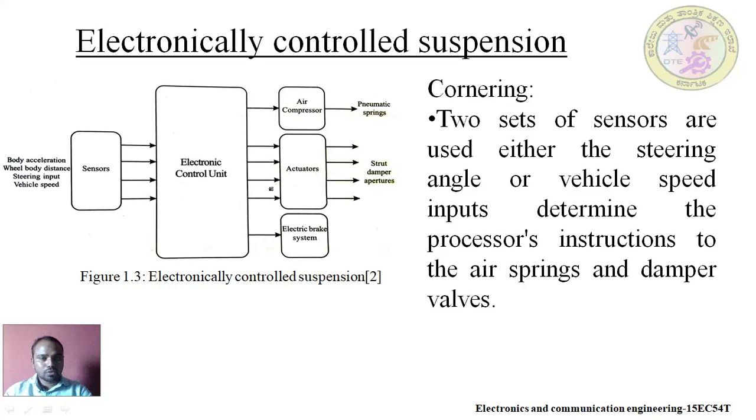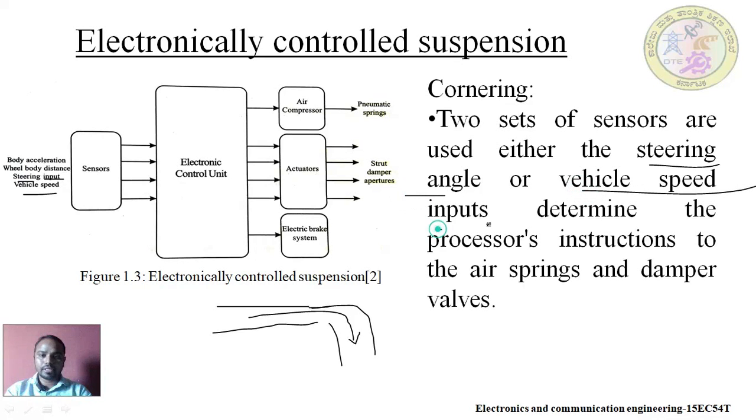Now coming to the next topic, that is cornering. What do you mean by cornering? Assume that we are driving a car on a road. If we encounter any turn, while taking the turn we use the steering. Here we have steering input. We use the steering to turn, and we also change the vehicle speed. These two pieces of information, steering angle and vehicle speed, are captured with the help of sensors.